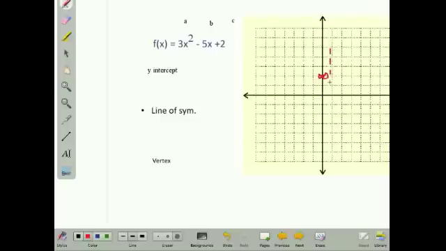You get the general idea. My y-intercept is (0, 2), and the line of symmetry is x equals a positive 5/6.